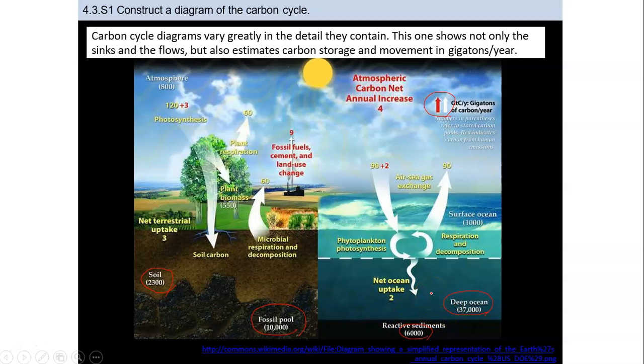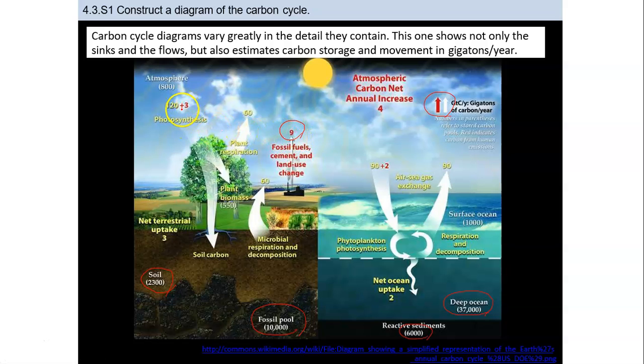Other numbers that are important you will see in this diagram. The human emissions, from factories or any type of human emission that creates carbon dioxide, fossil fuels, cement, and land use change, amount to 9 gigaton carbon per year.